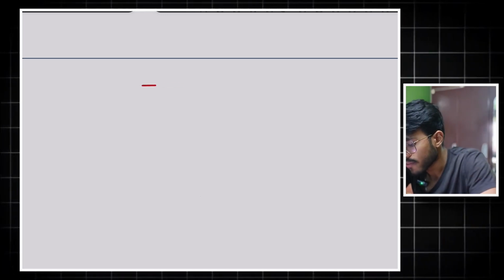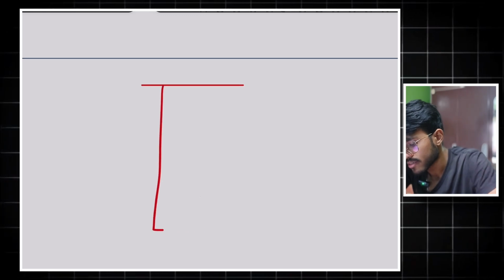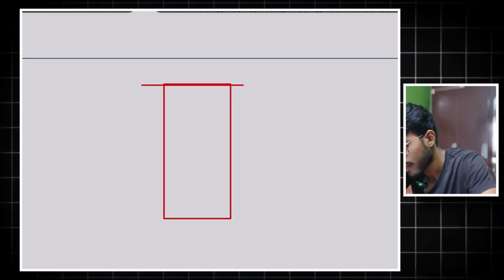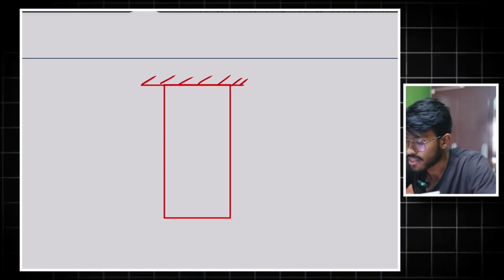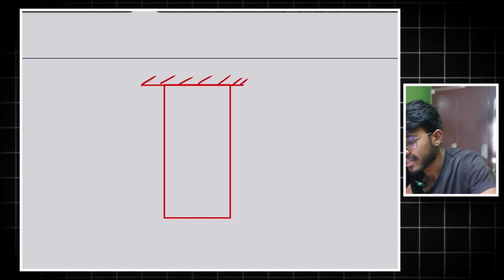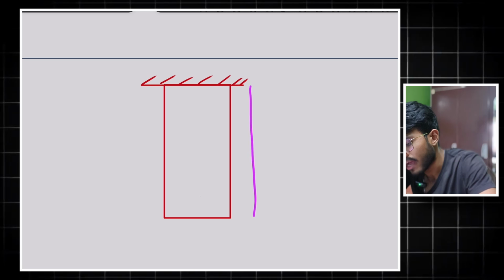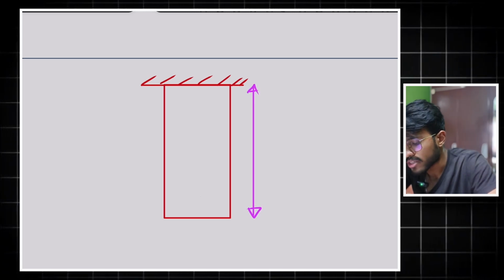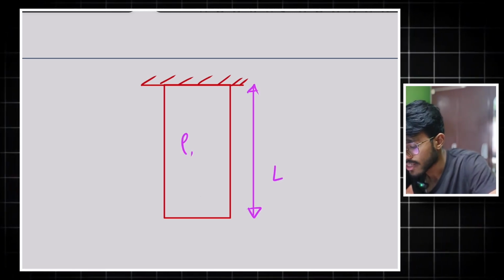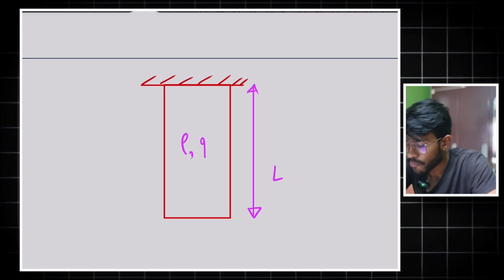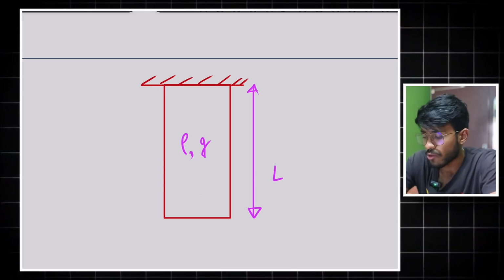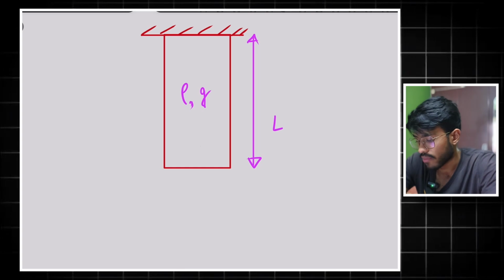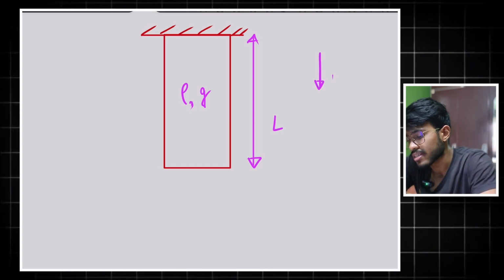What you have to do is, if you have a bar like this, here, and this bar is fixed at this point, at this support. This bar has a length L. Assume whatever you need, rho as density, g as the acceleration due to gravity. This is a homogeneous bar hanging, so g is acting like this.